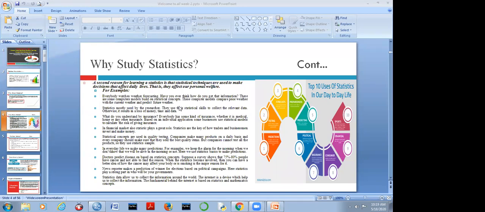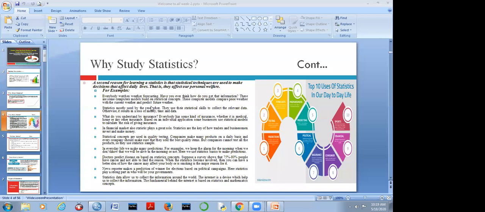Prediction analysis is a very advanced tool of statistics. With the help of prediction analysis, there are statistical tools to predict the future. With that, the weather forecasting department provides the information to us, and according to that we can act.